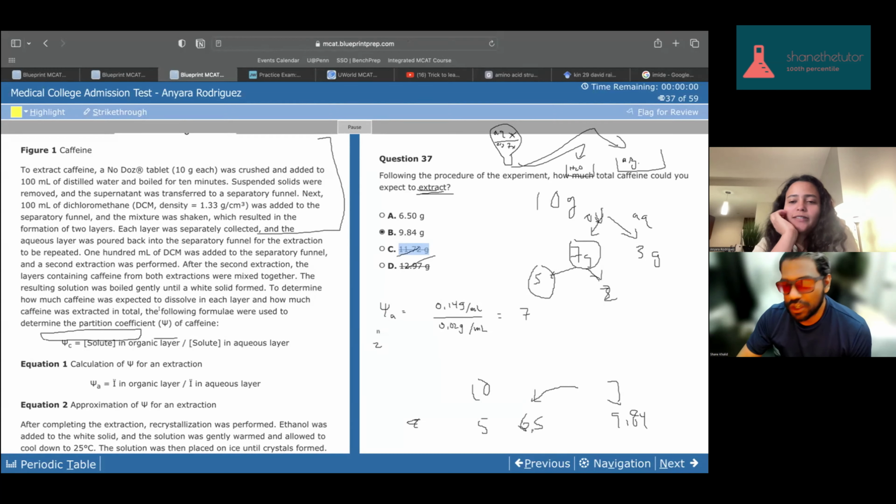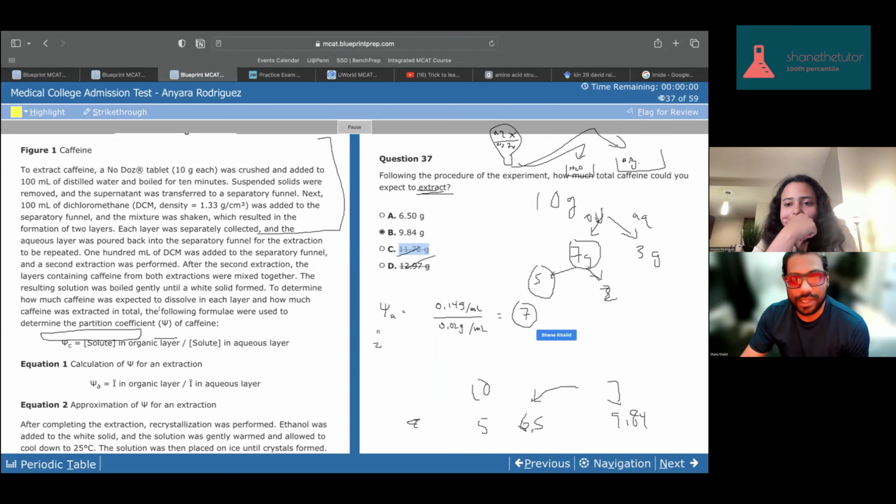But extraction is all about taking advantage of the difference in solubilities, so you want that solubility difference to be as large as possible. And so something like 7 is pretty large.